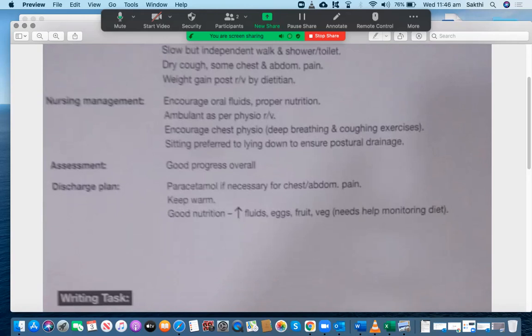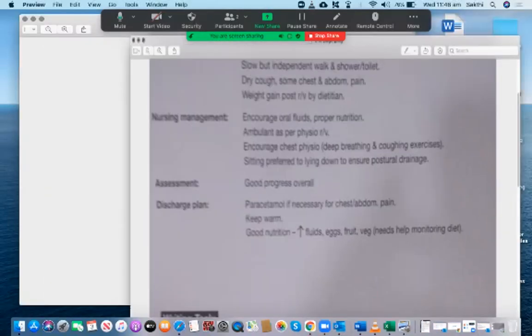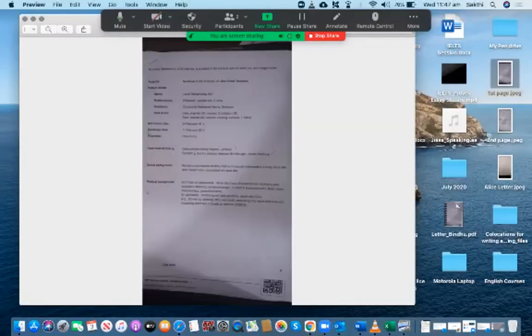Needs help monitoring diet. Did you mention this as well? Like, did you ask the addressee to help him monitor the diet? Like eat healthy food to maintain his nutritional requirements. Okay, all right, then it's good. Let's go to the next one.